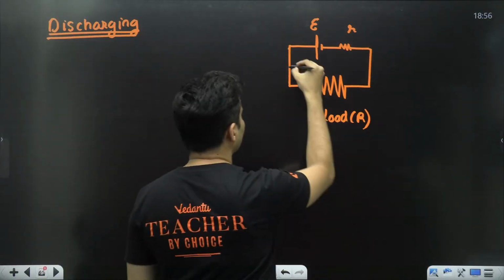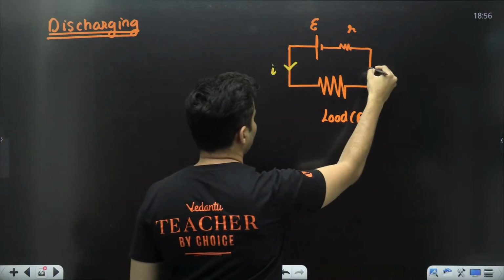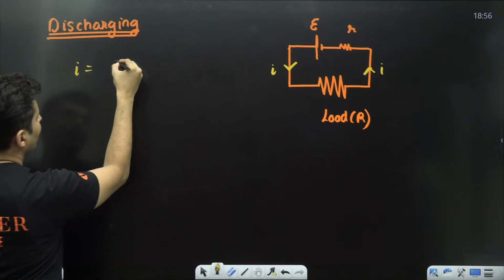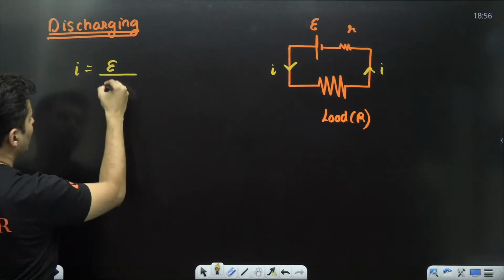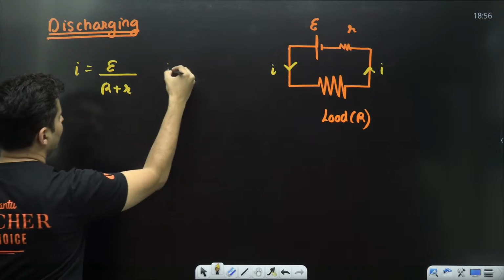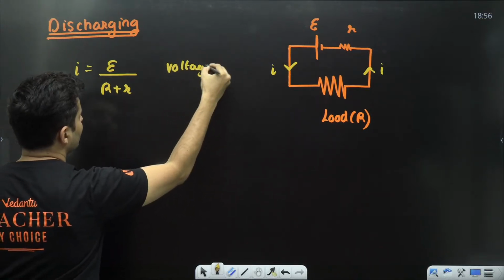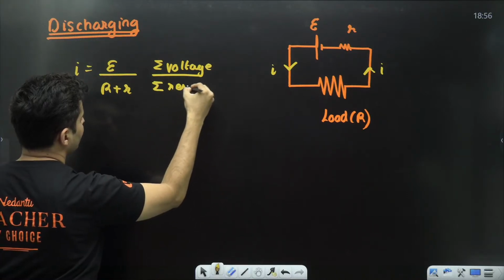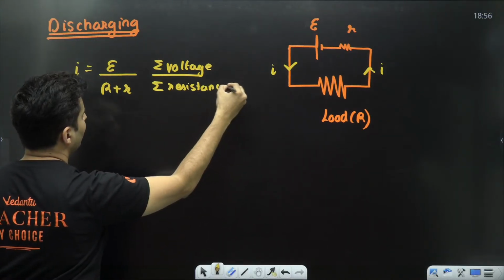Here, you are basically discharging it. In the case of discharging, there will be some current going through like this. That current will be the total voltage divided by the total resistance, right?